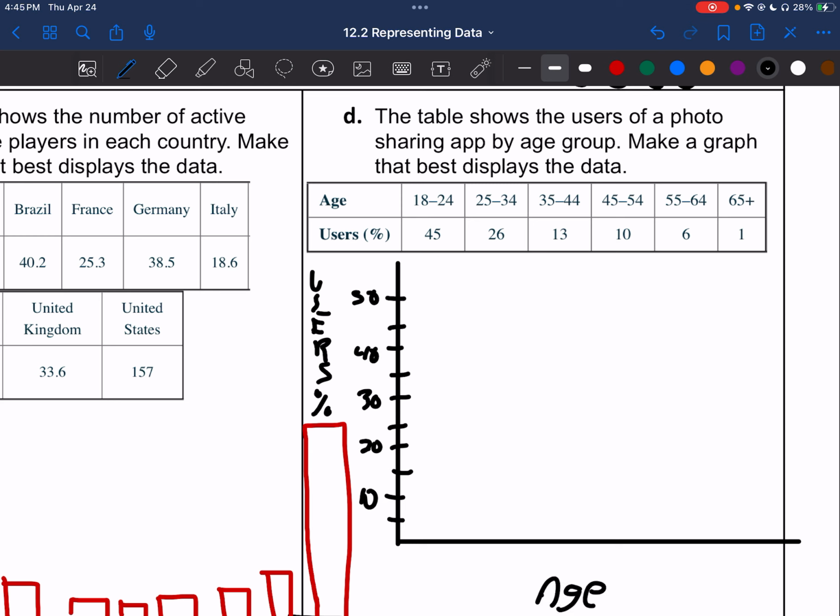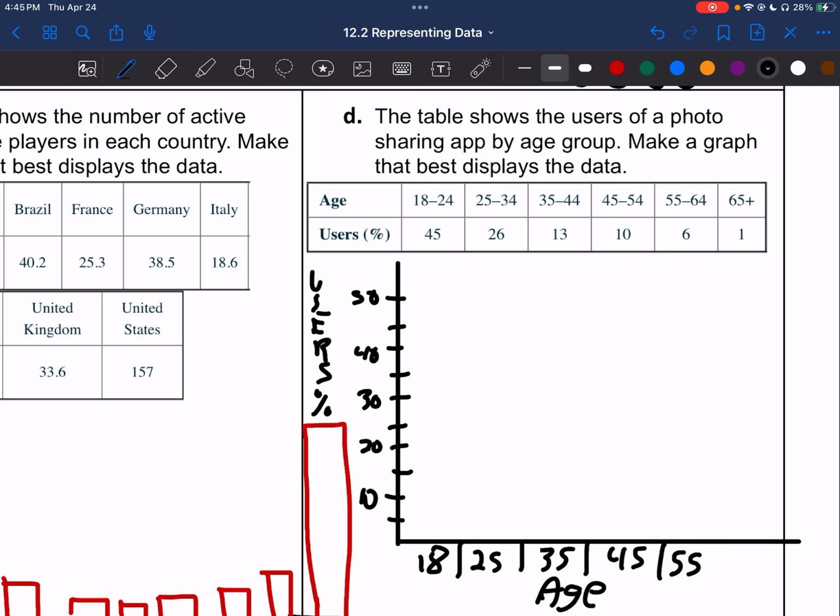And down below we have our age. And we're going to go ahead with ranges. We are given 18 to 24, so I'm going to just use our starting points: 18, 25, 35, 45, 55, 65 plus. I'm doing this just for speed and for space considerations.